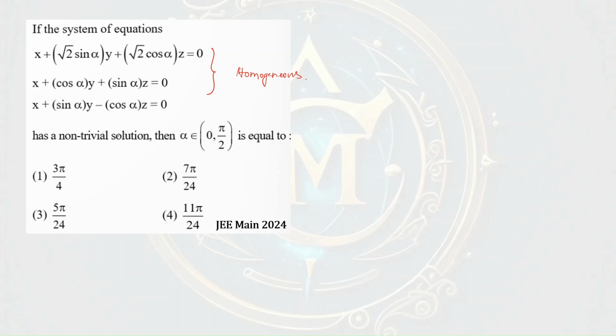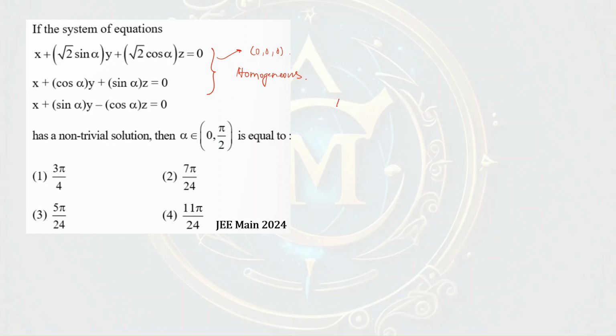So we can say that it always has a trivial solution 0, 0, 0. Now, for it to have a non-trivial solution, we must have infinitely many solutions for this system, because that is the only case possible where it can have more than one solution.